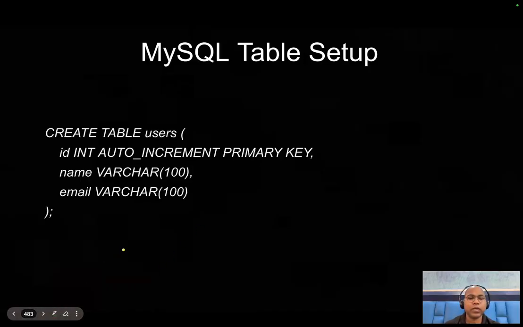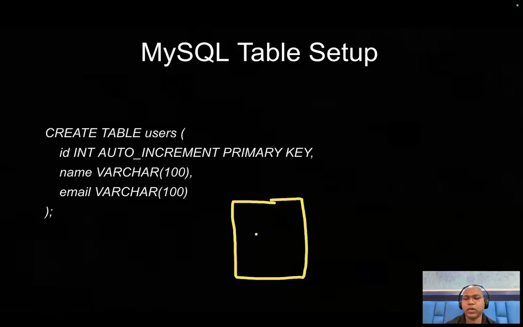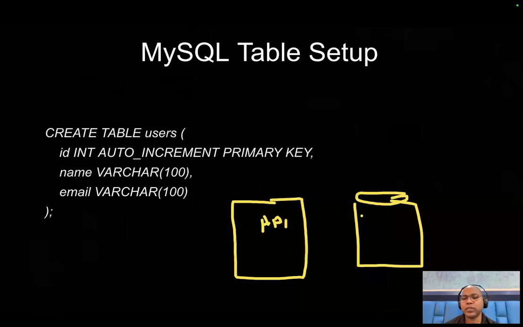You develop the REST API, and the API is going to talk to your database. In the last-to-last session we discussed how to install your MySQL database and create one database.